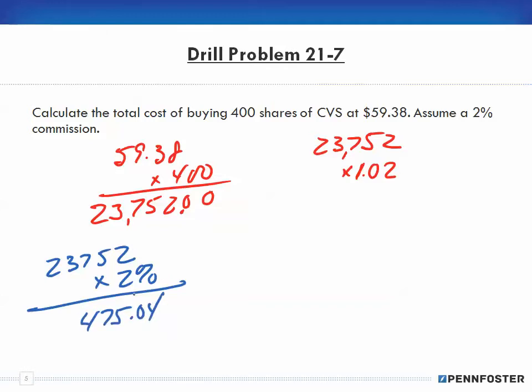But this is the price of the stock, and this is the commission, and I have to add the two together in order to get the total cost of purchasing that stock.